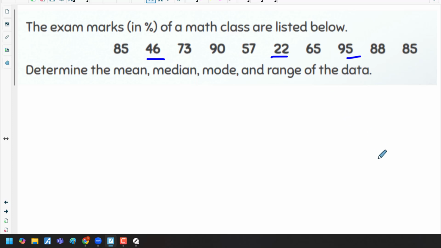Well, the very first thing you need to do, if it's not already done for you, is to rearrange all of these from smallest to biggest. So we got 22 is the smallest. Cross that out. I think 46 is the next one. Cross that out. 57 looks pretty small to me. Boom, 65.